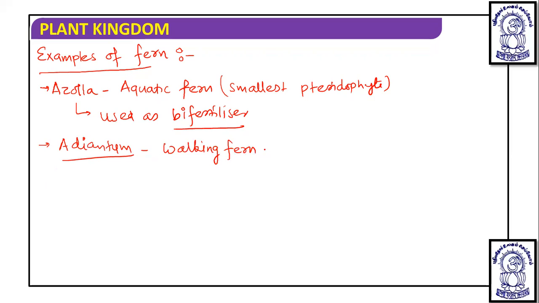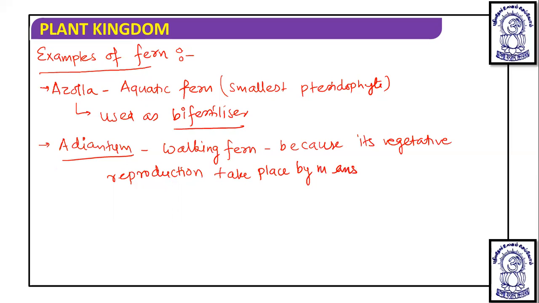The name walking fern is given due to its rapid vegetative propagation, which takes place by means of leaf tips.